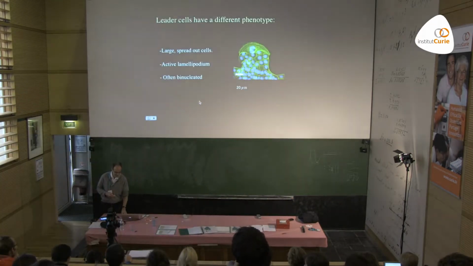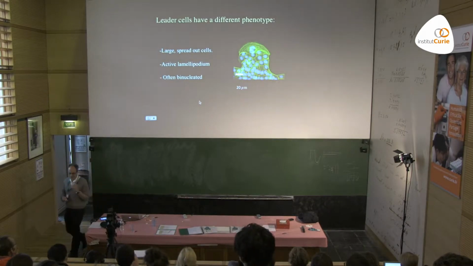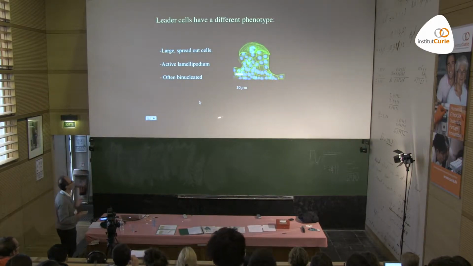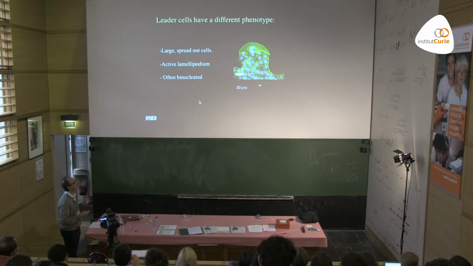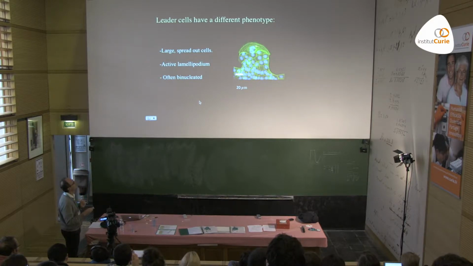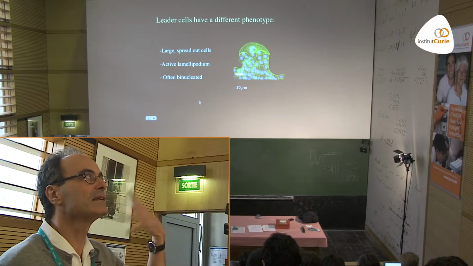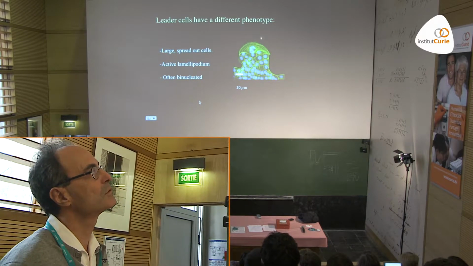Okay. And I'll just show you this leader cell just for fun. You have all these cells that are in principle identical, and one of them, for some mysterious reason, acquires a different phenotype. So it's much bigger. It has a big lamellipodium. We'll come back to what the lamellipodium is, but it allows the cell to crawl.